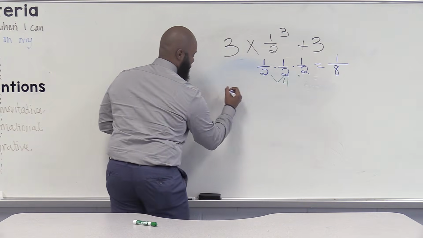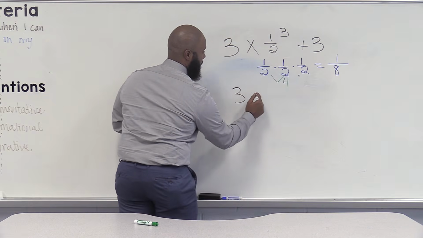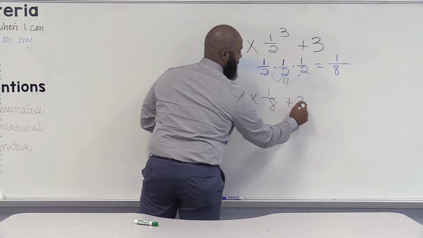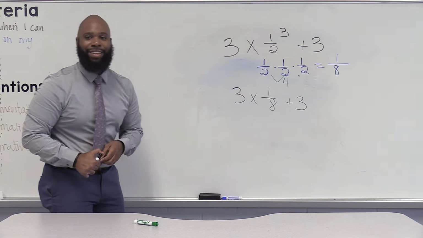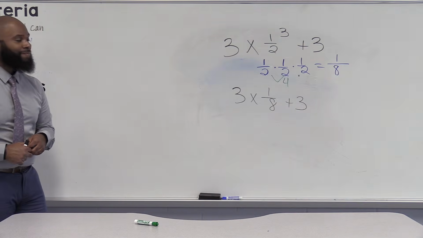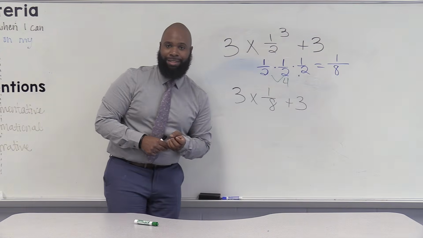So I'm going to rewrite my problem to reflect that. So I have 3 times 1/8 plus 3. I'm going to give you a second to fix that. Now, I want you to think about what operation we're going to do next.